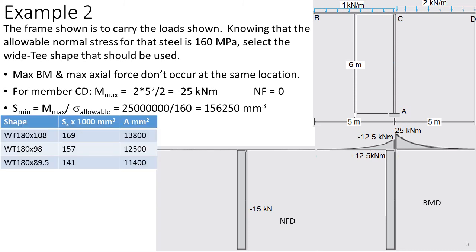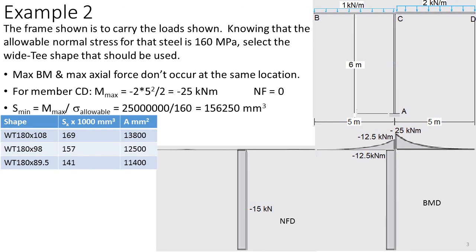Going back to the properties of these WT sections, we will look at the most suitable WT section. The most suitable are one of three: WT 180 by 108, WT 180 by 98, WT 180 by 89.5.